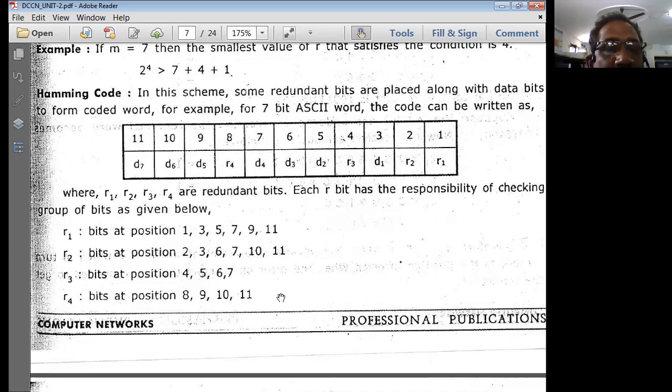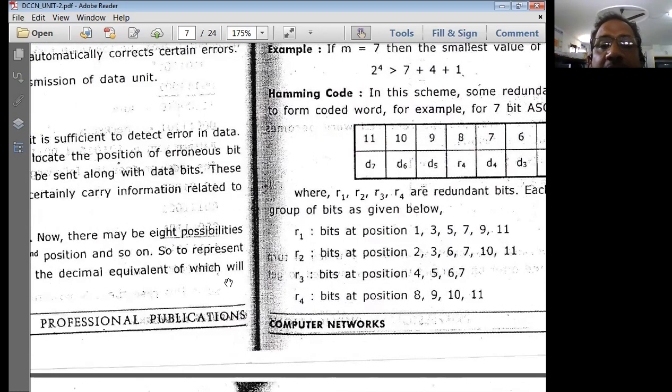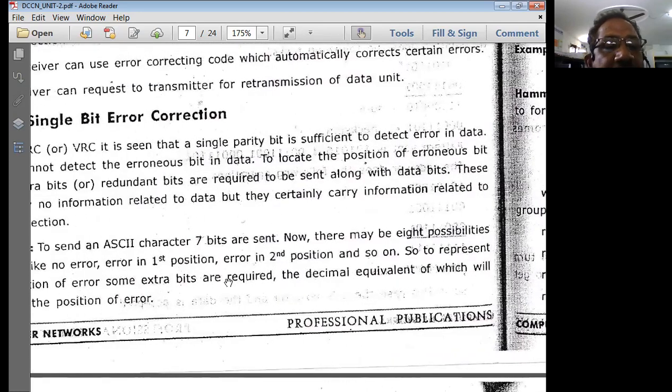Here we'll get more clarity. 8 bits you have to write in sequence, starting from 8: 8, 9, 10, 11, 12, 13, 14, 15, because up to 15 we got the numbers, if the extra bits r is taken as equal to 5. That is how we normally consider this. But for simplicity, we are taking m is equal to 7 and r is equal to 4 to cover the entire bits for the error detection technique.